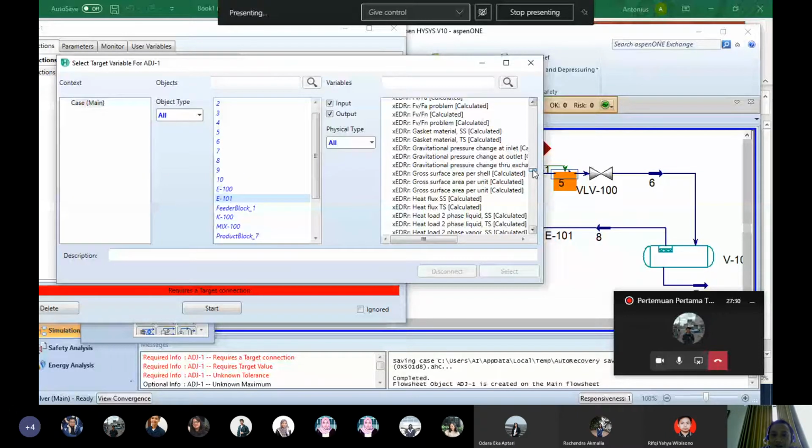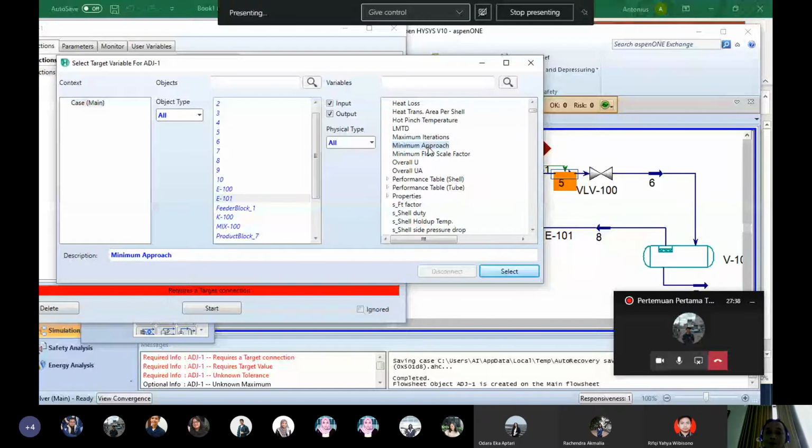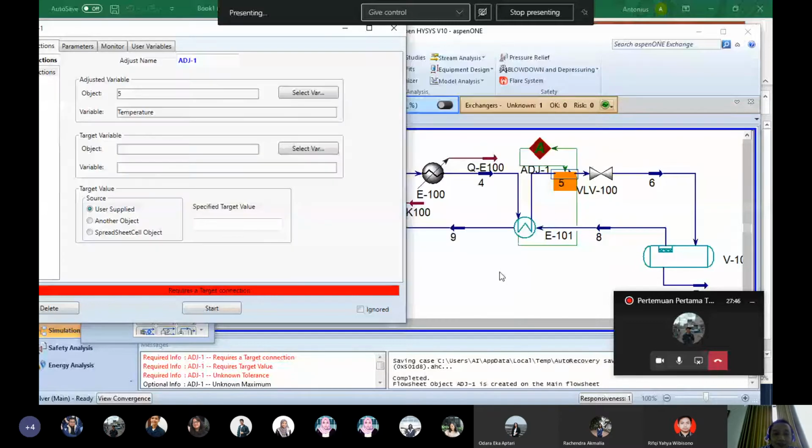So what is minimum approach? This one. I have the minimum approach, and then I click select. For the specified target value, as already mentioned in the definition of the problem, the minimum approach should be 5. So I put the value of 5 here.